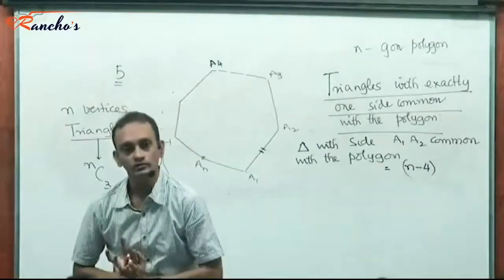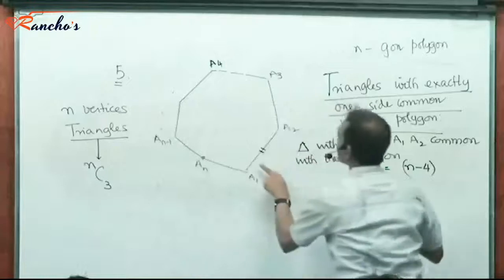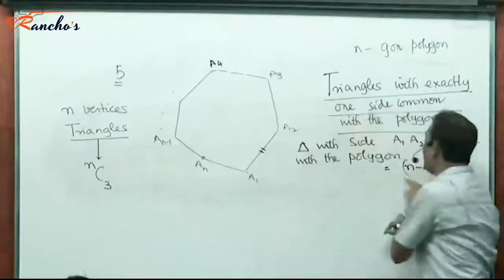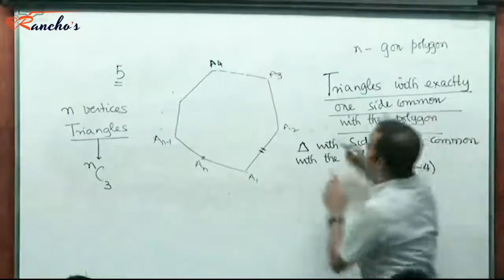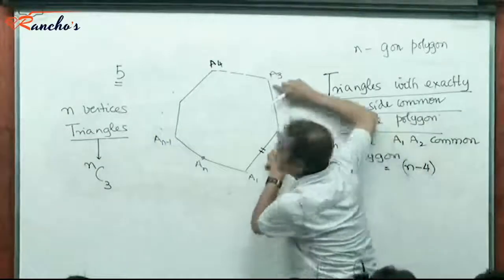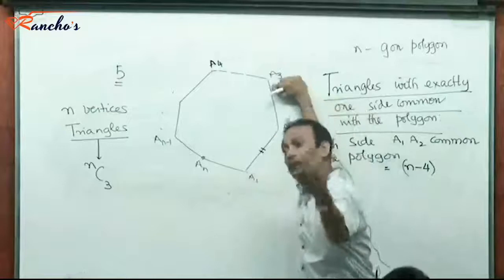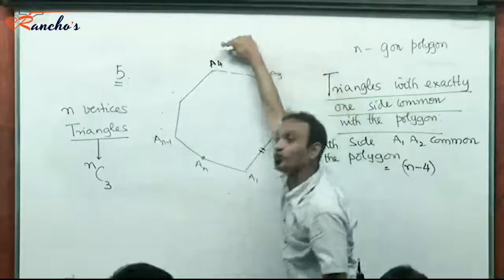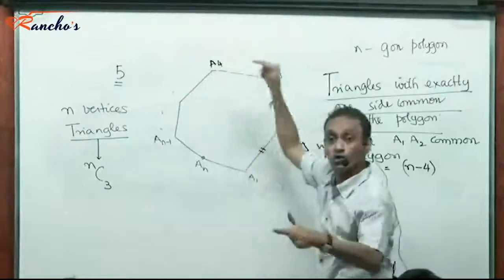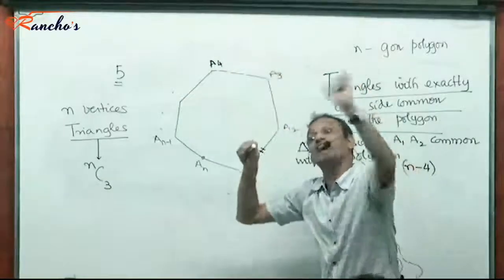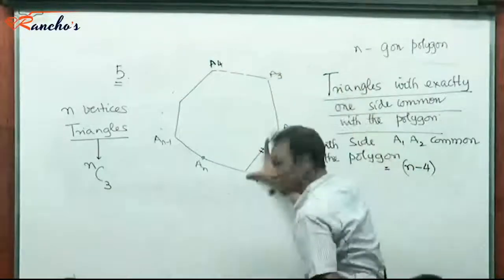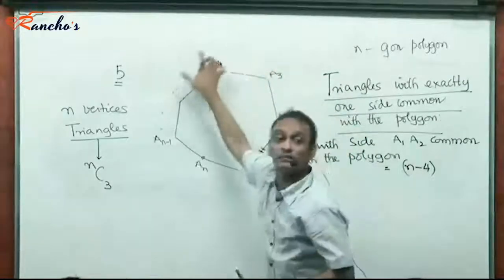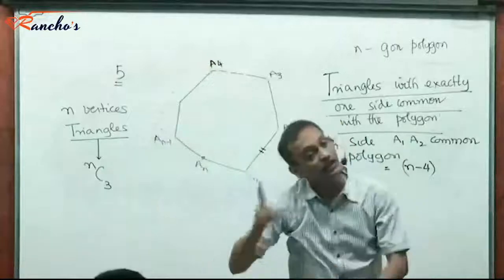That means the number of triangles with side only A1, A2 common with the polygon would be n minus 4. Number of triangles with only A2, A3 common with the polygon will be n minus 4. Number of triangles with side only A3, A4 common with the polygon would be n minus 4. So the total number of triangles with exactly one side common would be n minus 4 plus n minus 4 plus n minus 4, and so on. How many times? N times.